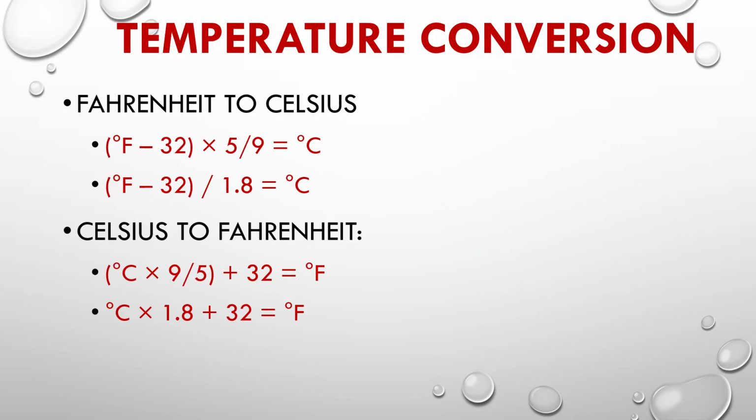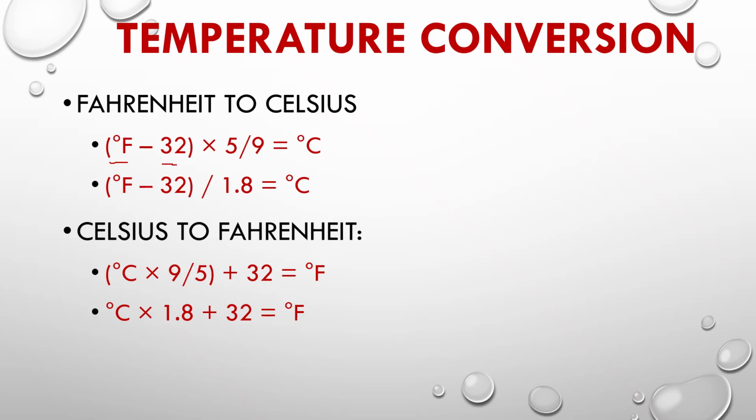So from Fahrenheit to Celsius, we're going to take the number in degrees Fahrenheit, we're going to subtract by 32, and then whichever is easier for you. I listed both of them. I don't care if you use a ratio or the decimal, whatever is easiest for you. I prefer the decimals because it's easier to put in a calculator.